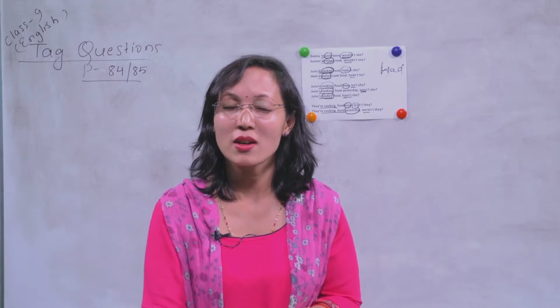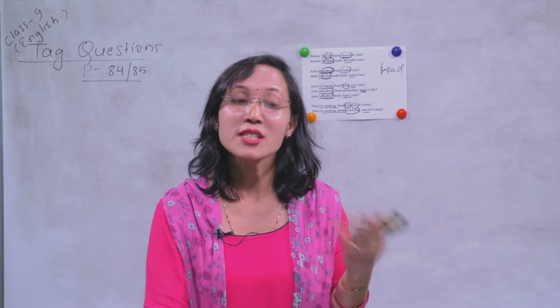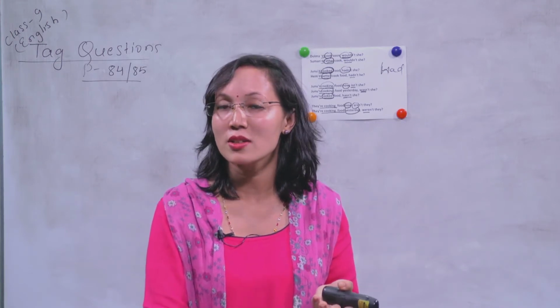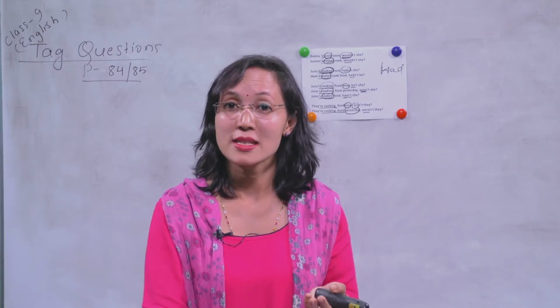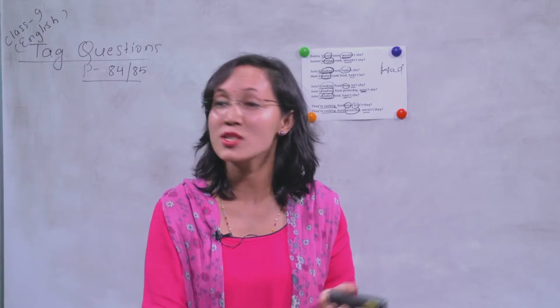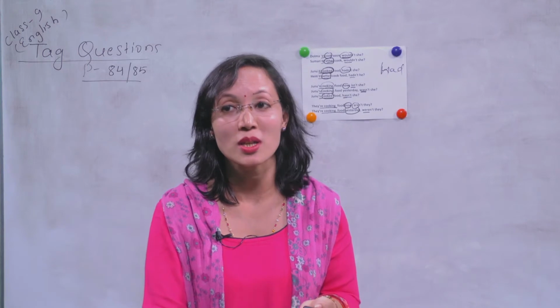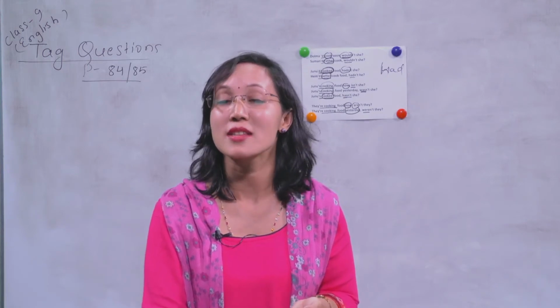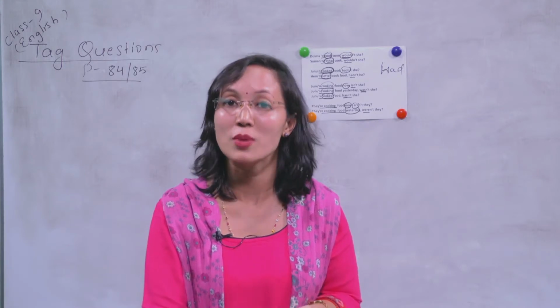It could also be let him go, let me do my work, let's dance, let's enjoy the party, let's go for watching a movie. These are imperative sentences, the sentences that start with verbs.